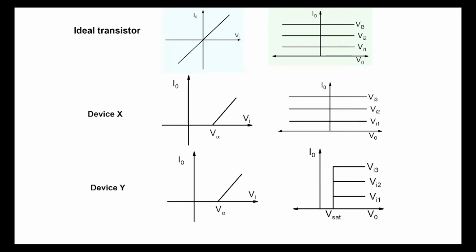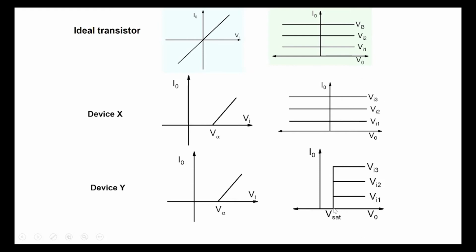the issue is how do we make an amplifier using device X? The next thing is, we'll see later on, suppose we have a device Y, which has not only this non-ideality, but its output characteristics are also not like the ideal characteristics here. We see that it behaves like the ideal characteristics for voltages larger than Vsat. So whenever V naught is greater than Vsat, we see this constant region here, just like the ideal.